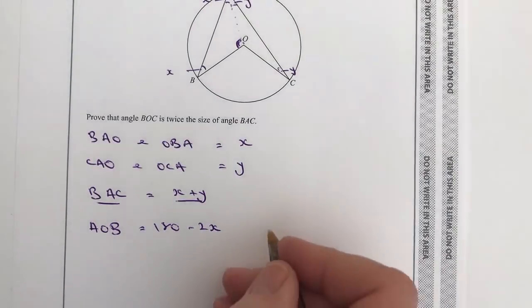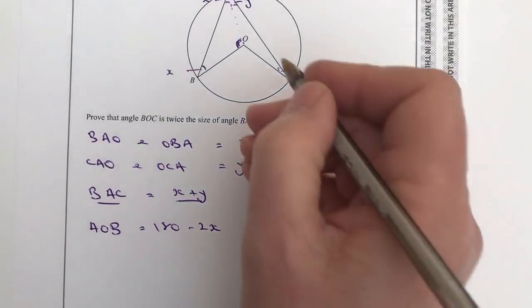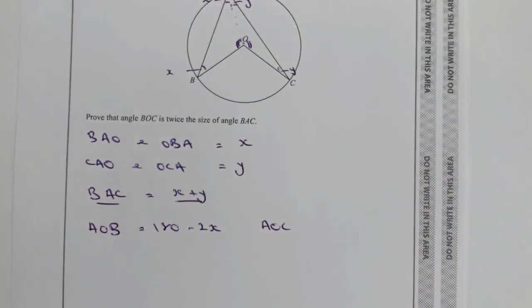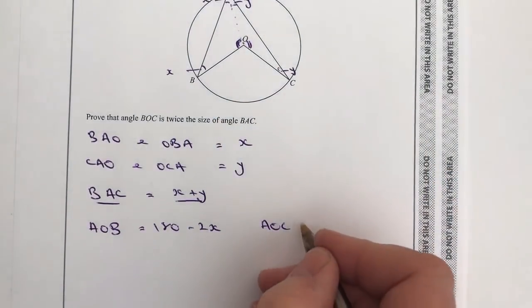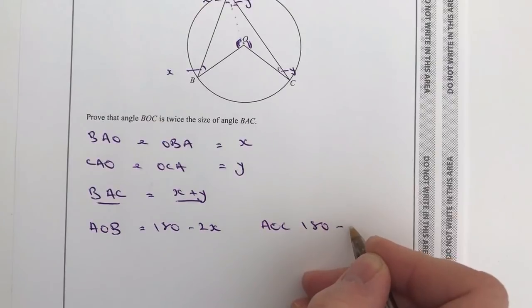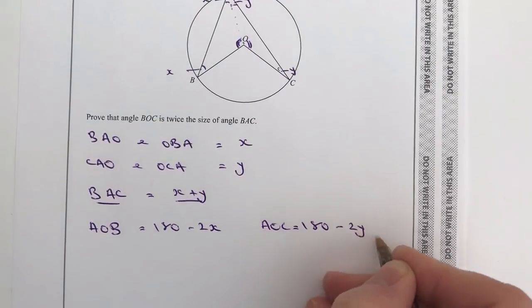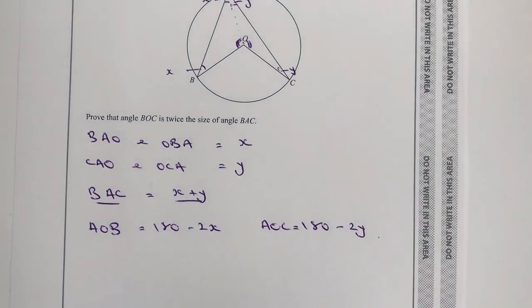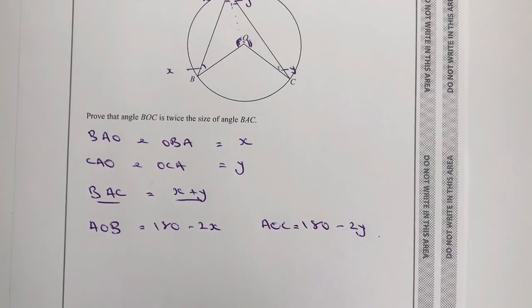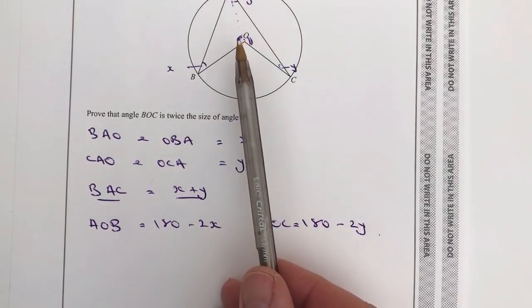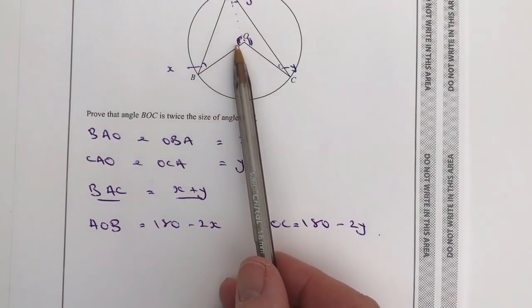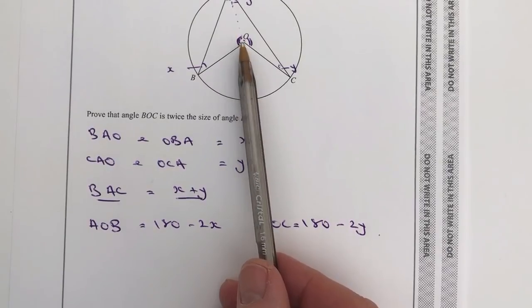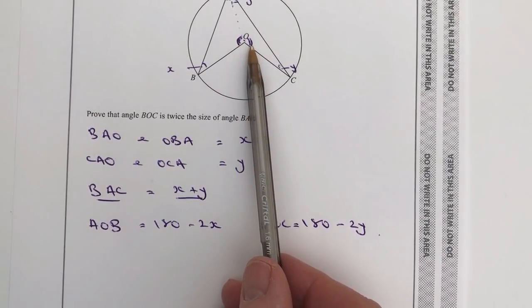Which also means that angle AOC, which is kind of opposite it, is going to be equal to 180 minus 2y. So if I look at this middle area here, I've got an angle here which is 180 minus 2x, and an angle here which is 180 minus 2y.